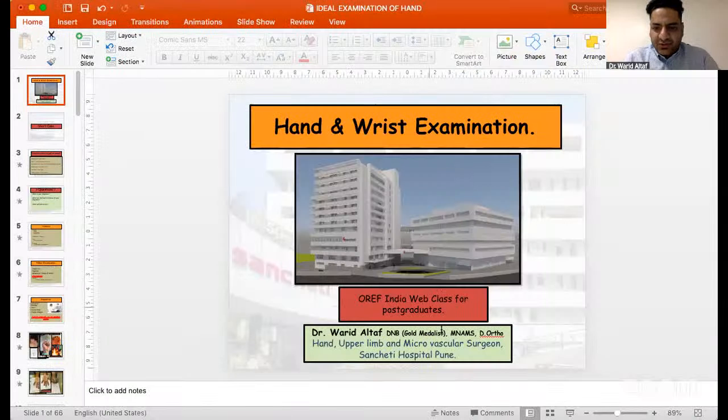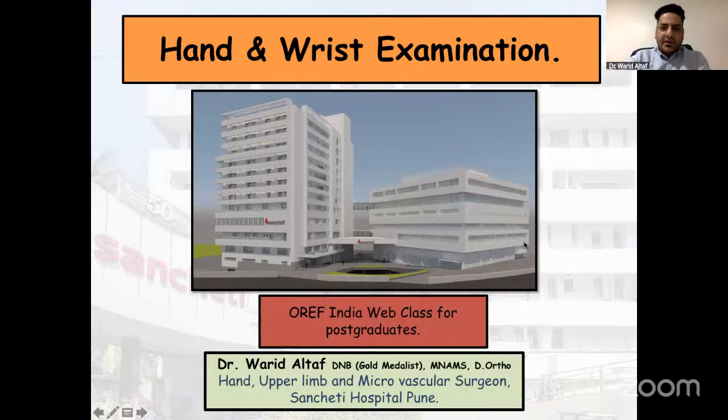I'll be talking on the ideal examination of the wrist and hand, because most of the time, even now, our exams are going on right now. I think it was the second day of the postgraduate MS exam today, and we have always seen students fumbling and making mistakes in examining basic pathologies in the hand.